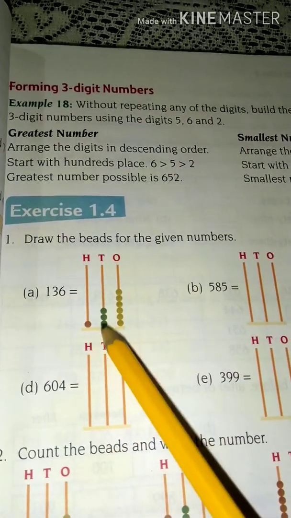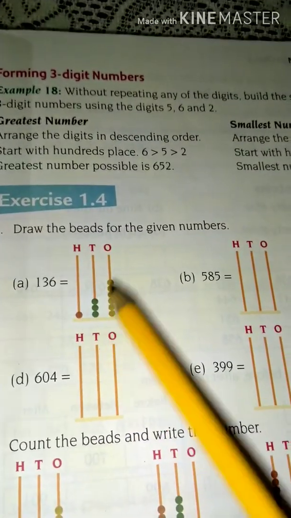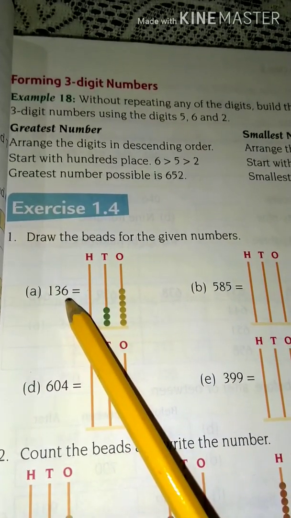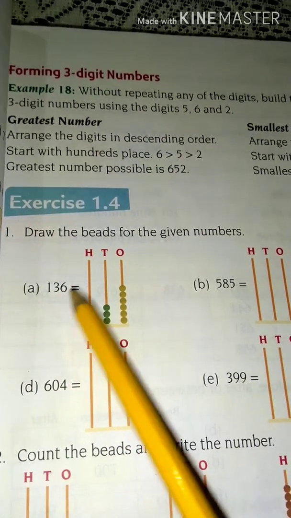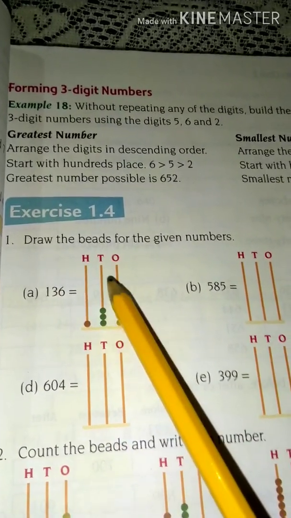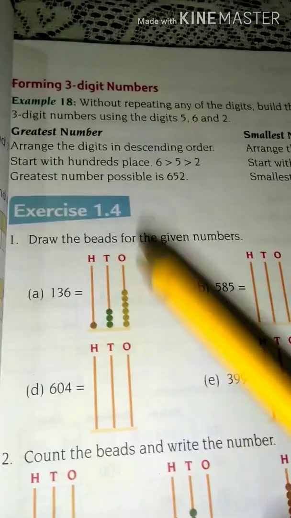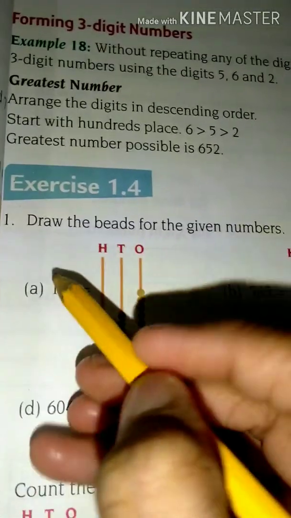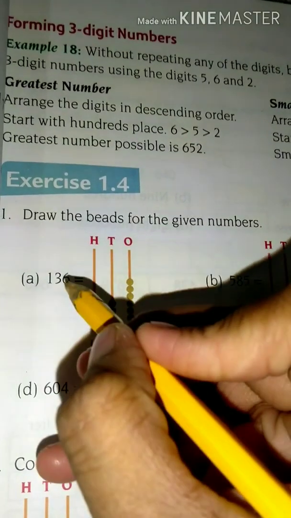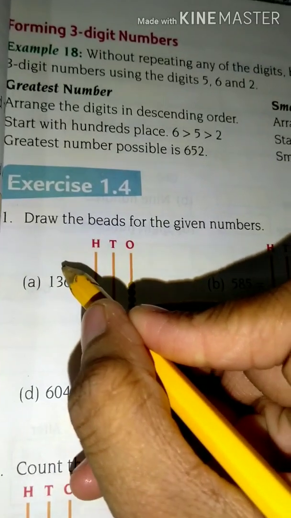Here this one they have solved for us so that we can understand what we are supposed to do in this type of question. Here they have given us number 136. In this we have to put the beads according to the number they have given in the respective places. So 6 is on the ones place, as I had told you in the video of place value and face value, how to find the place value of a particular digit in a given number.